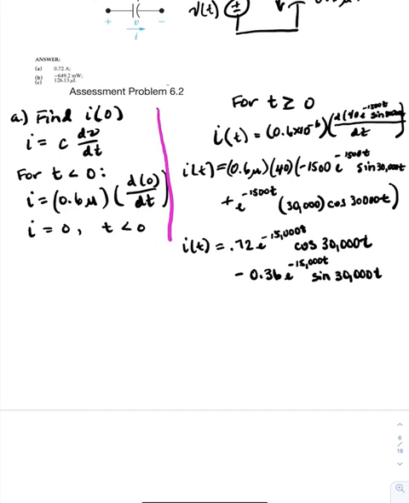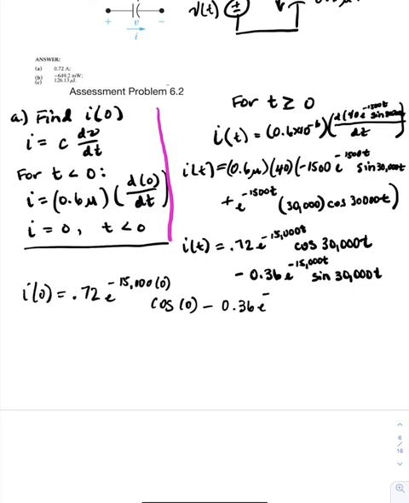Okay, so i of 0 is equal to 0.72 e to the minus 15,000 times 0 cosine of 0, minus 0.36 e to the minus 15,000 times 0 sine of 0.